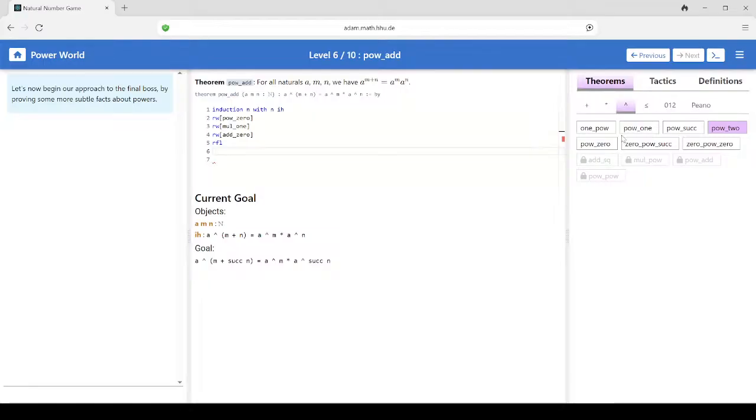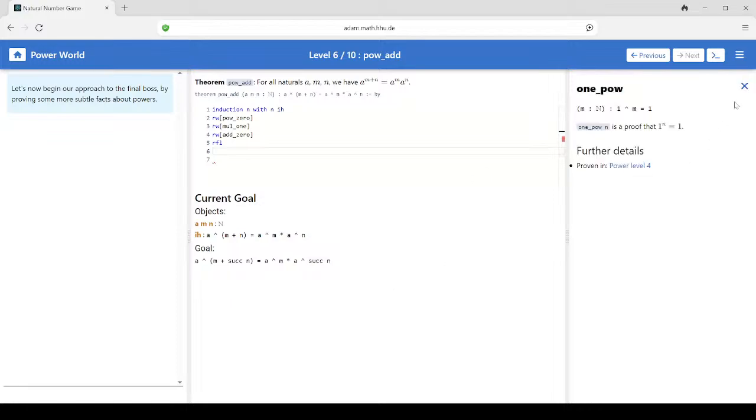Okay, what options do I have that deal with successors? This has nothing to do with successors. Neither does that. This does.